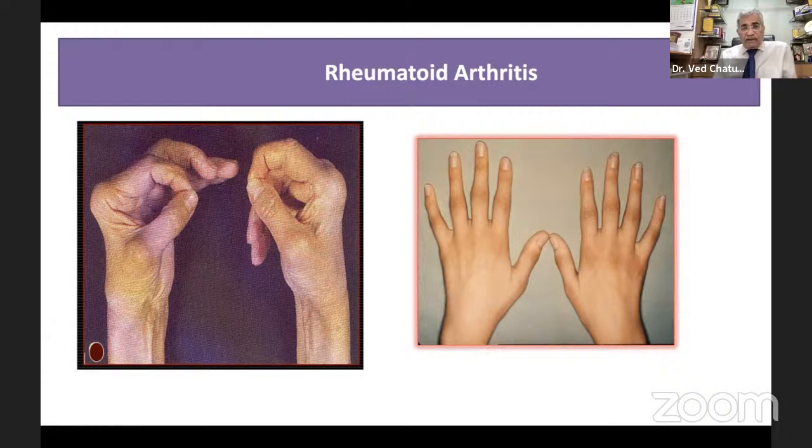MRI is costly, while ultrasound is cheaper. So you do the ultrasound of the hand joints or whatever joints are involved. You can see the synovium is thickened and has increased Doppler signal. So you can demonstrate, yes, there is inflammation even in early disease. So this is how these things are diagnosed.